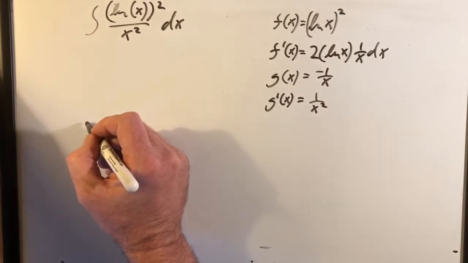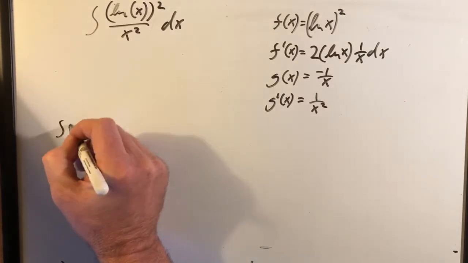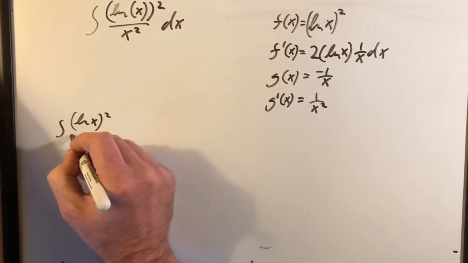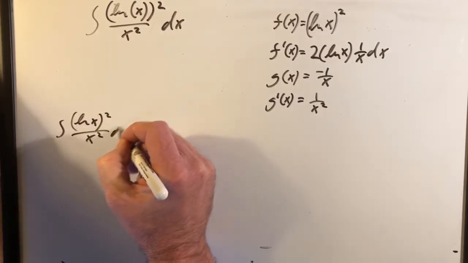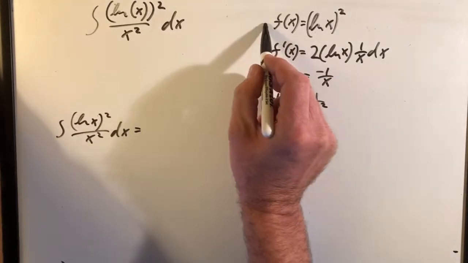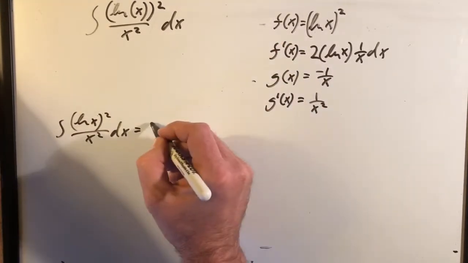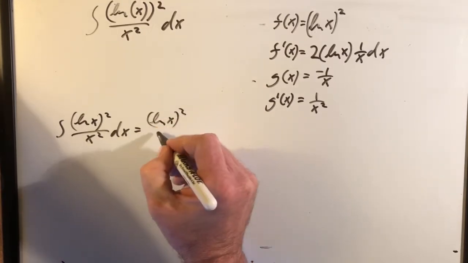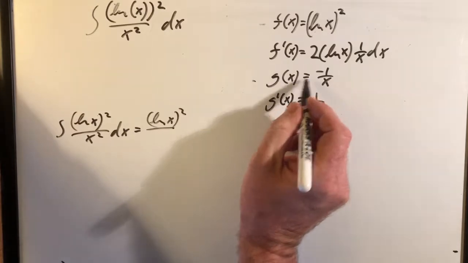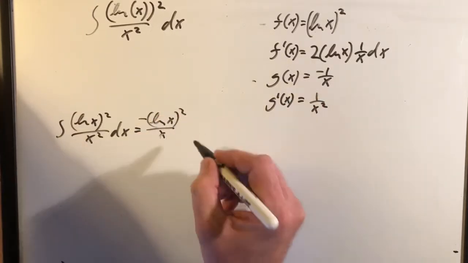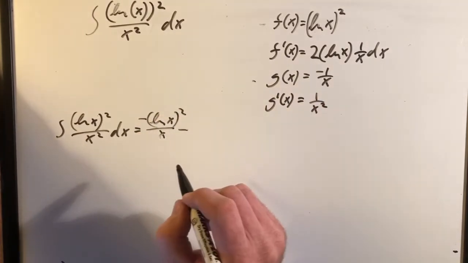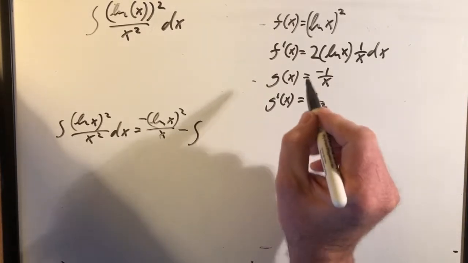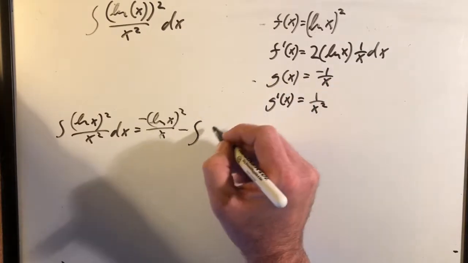So I'm going to have the integral of ln x squared over x squared dx equals, go to the formula, first part of it, ln x squared over x with a minus, and then I have the integral, and I need to go to this guy right here.